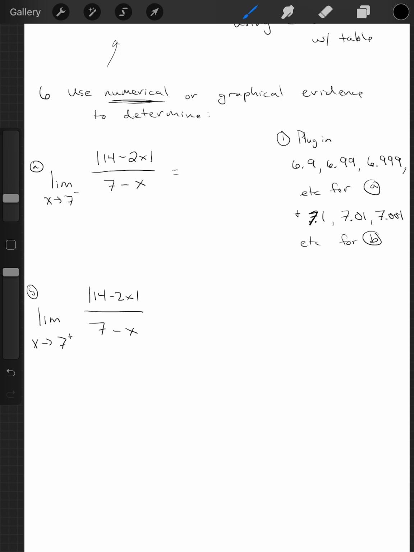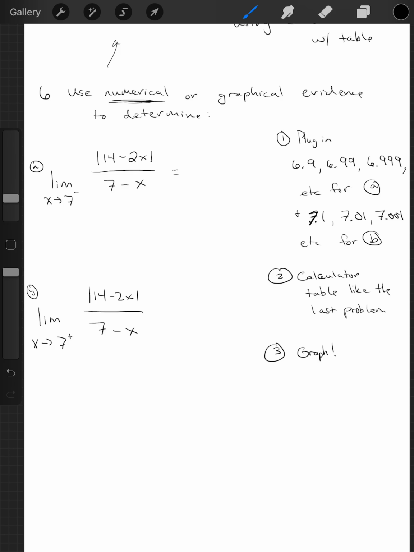If you're using something like Google for a calculator, you could also use a calculator table like the last problem, or you could graph.